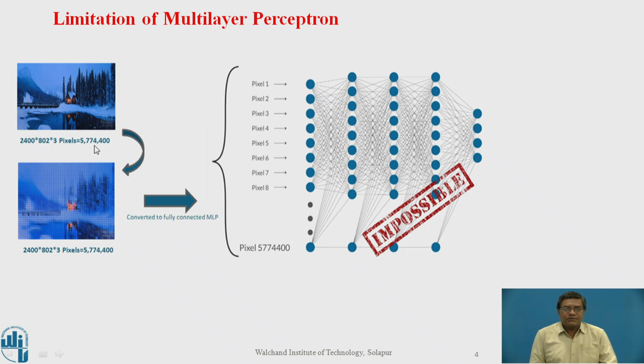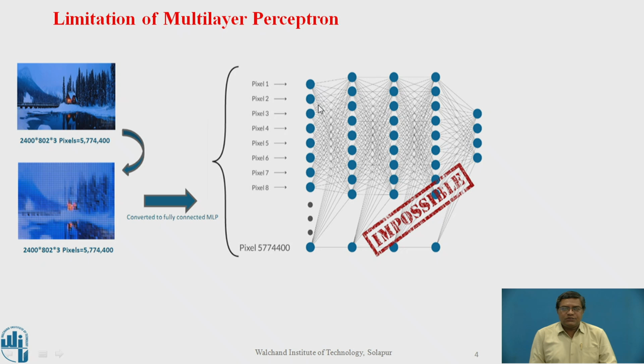So the total number of pixels is 5,774,400. Processing these pixels using a normal multi-layer perceptron is practically impossible, because the multi-layer perceptron processes each pixel independently. It treats every pixel as an independent unit instead of understanding the spatial correlation between the features. Therefore, as the number of pixels increases, the number of neurons increases.